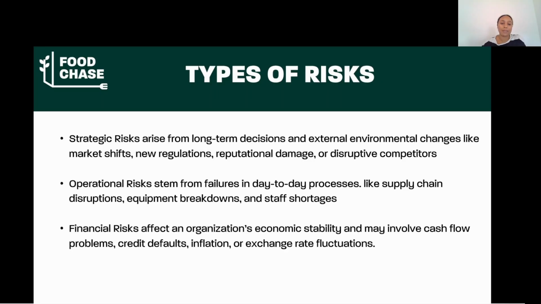Financial risks can affect an organization's economic stability and may involve cash flow problems, credit defaults, inflation, or exchange rate fluctuations. So, how we identify them: strategic risk comes from long-term decisions and external environment changes. Operational risk comes from failures in day-to-day processes, and financial risks have the chance of affecting cash flow and many other financial procedures of an organization.